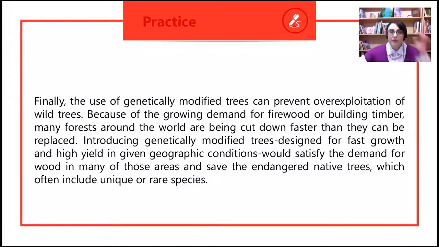Okay? Now try to summarize this last paragraph. Okay? Yes, yes, great sentence. So genetically modified trees can protect wild trees. Okay, can prevent overexploitation of wild trees, so they can protect wild trees.